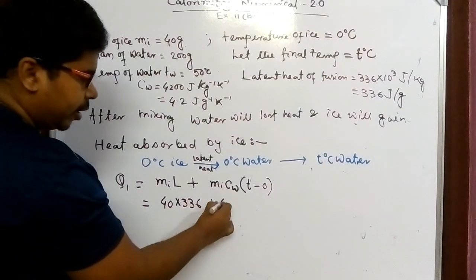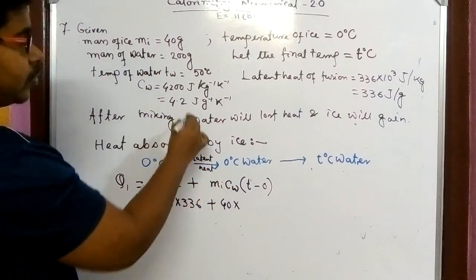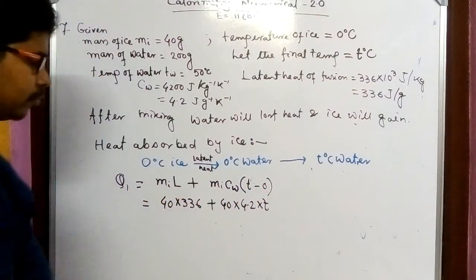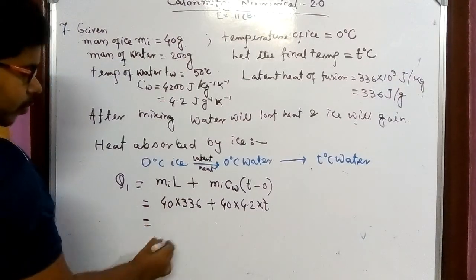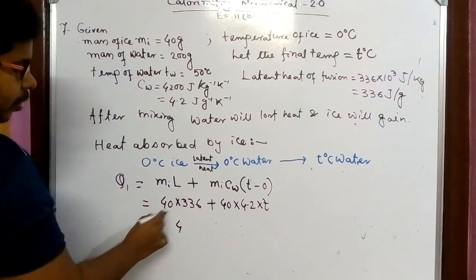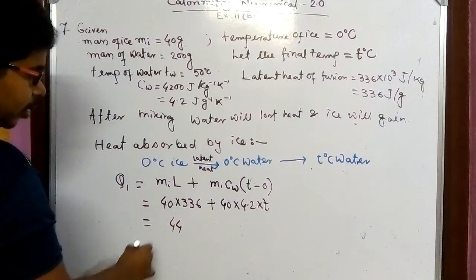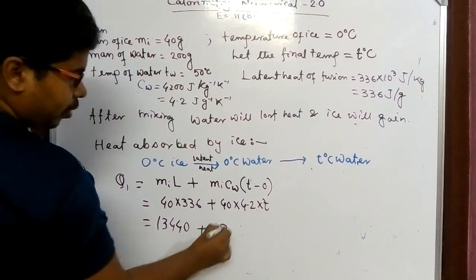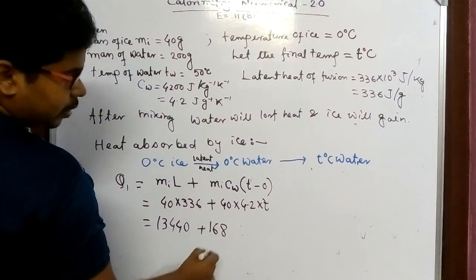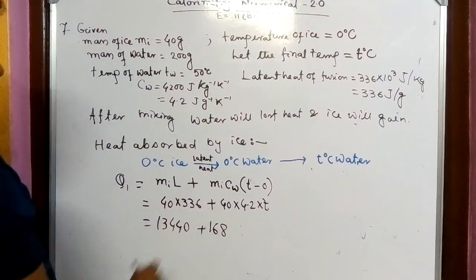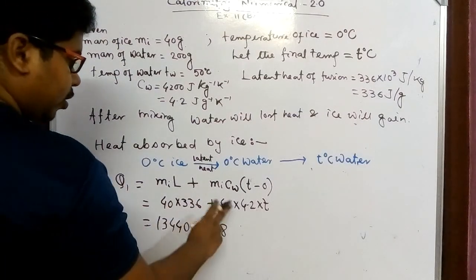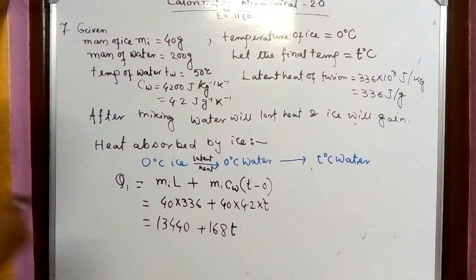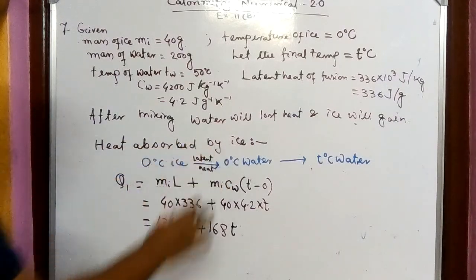Plus Mi into Cw, that is 4.2 into T. Okay, so that multiplication we have to do here. 4 6 are 24, so 2, 4 3 are 12, plus 2 is 14, 1 is 12, so 13440 plus 168, okay, 16.8, and here it is 0, so 168 into T. So that much heat is absorbed by ice. Okay, very simple thing. We have followed the steps.